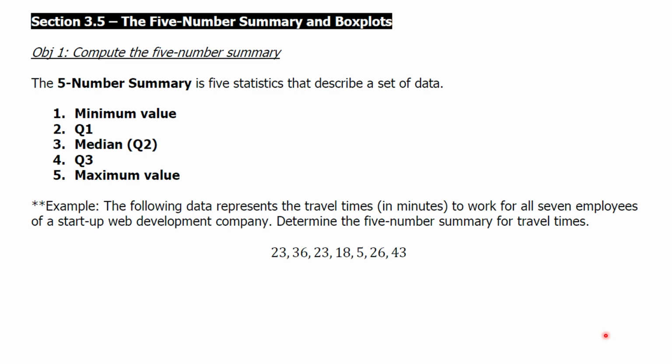So the following data represents the travel times in minutes to work for all 7 employees of a startup web development company. Determine the 5-number summary for travel times. Okay, and so to do that, we are going to utilize our calculator.